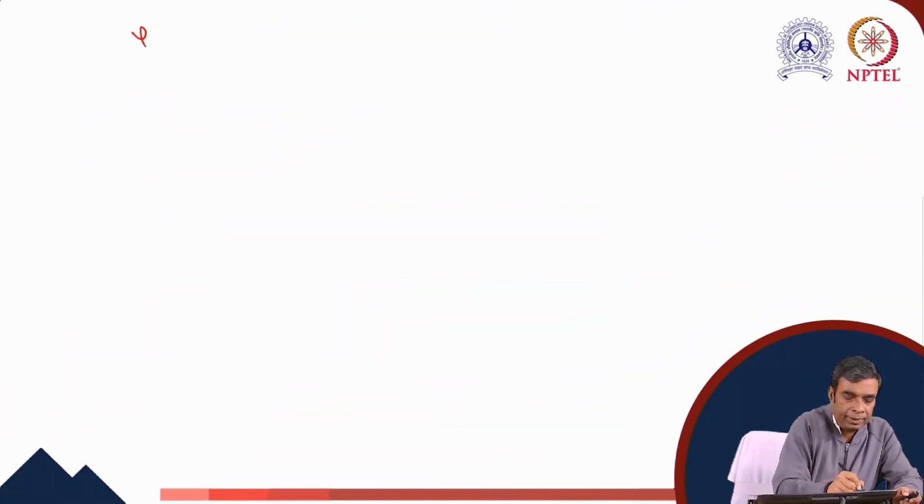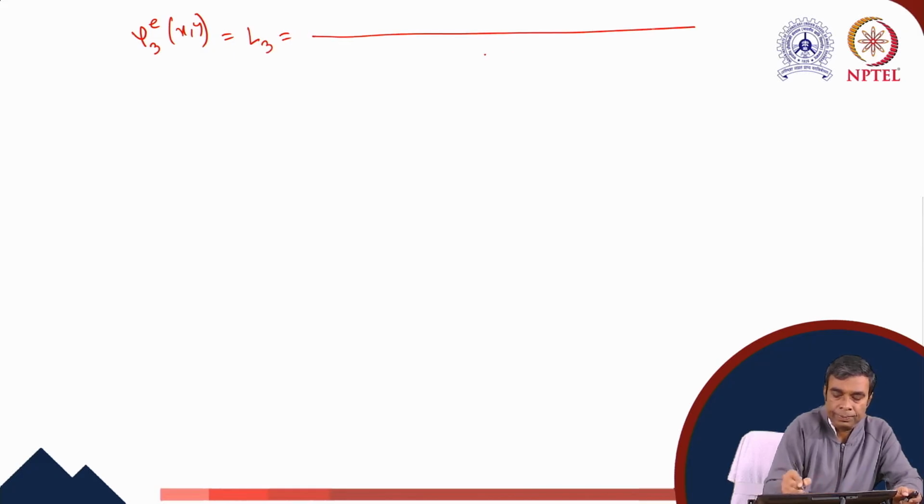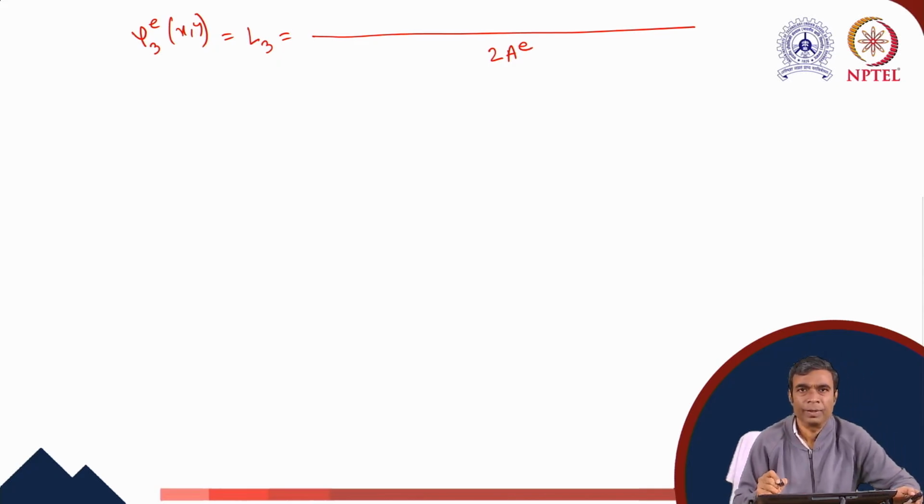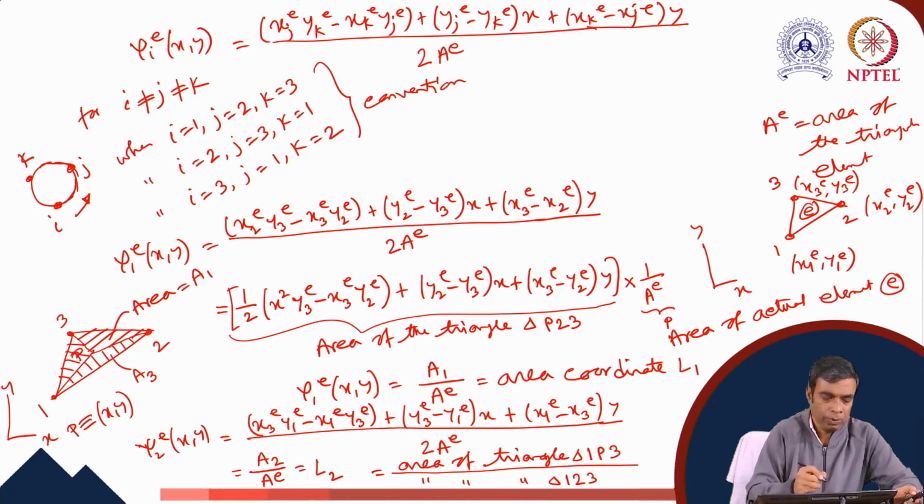We can write it as psi 3e of xy equals L3 equals, this is 2Ae, when i equals 3. In that case, j is 1 and k is 2. So we can write xje yke.